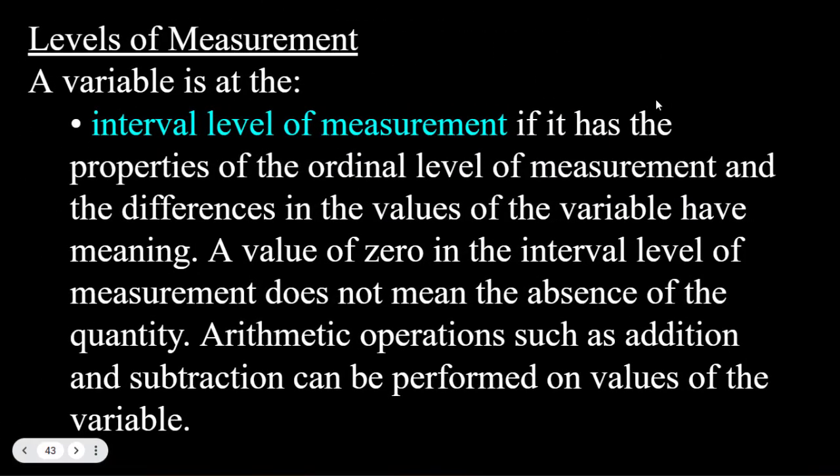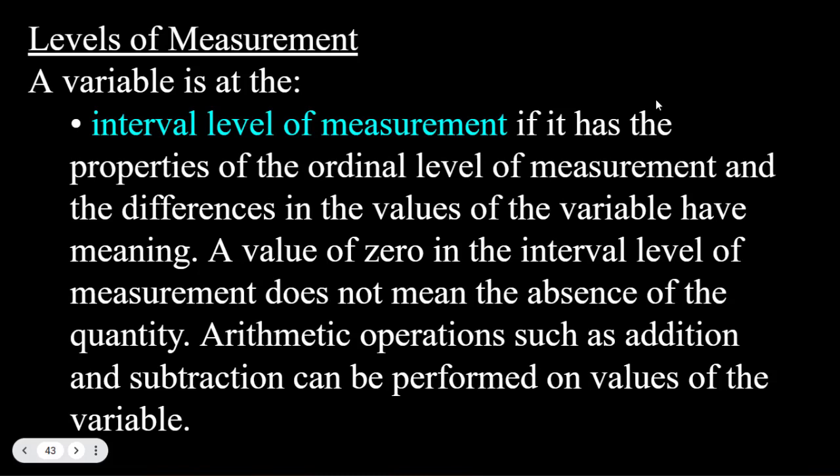The third level that we're going to deal with is the interval level of measurement. And this is where we typically get into numbers more often. Interval level of measurement: the variable is at that interval level if it has the properties of the ordinal level of measurement, which means it can be named and it can be ranked, or it can be grouped and it can be ranked.